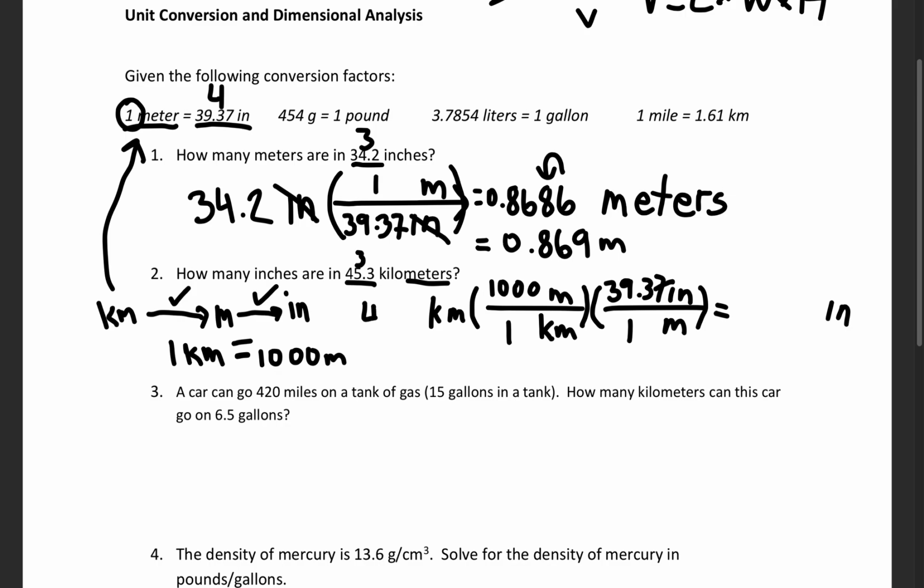So I would plug in my 45.3, and I'm not going to do this one for you, but I would do it similar to how I did here. So I would do 4 significant figures here, and then round it to 3 significant figures.